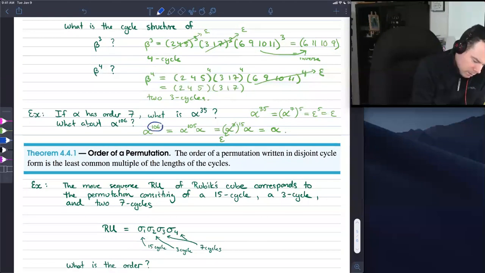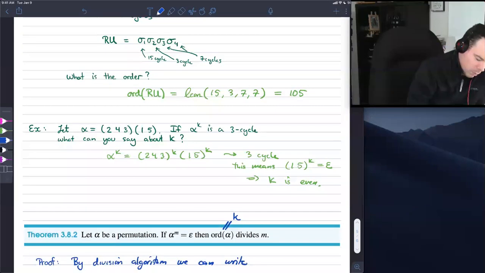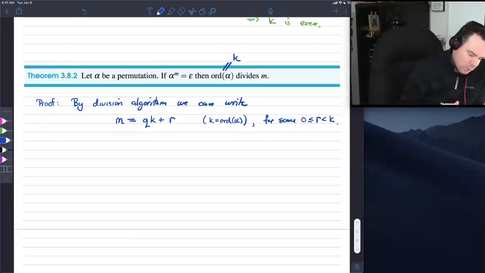We had 106 and the order was 7. So what we did was we wrote 106 as 7 times 15, and then there was a 1 here as an exponent of the alpha. That's our remainder. So 106 was a multiple of 7 plus 1.